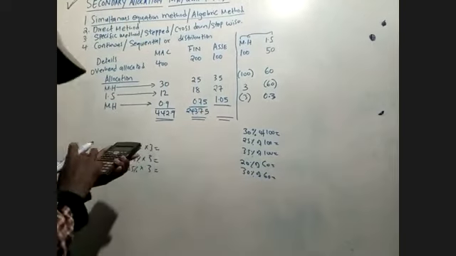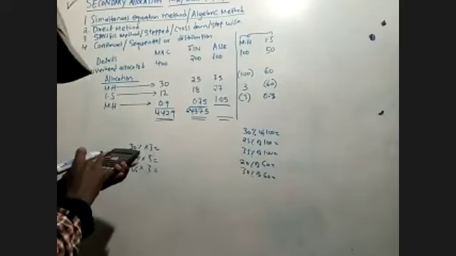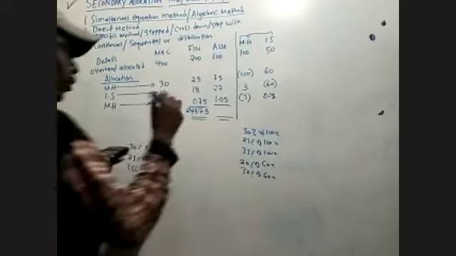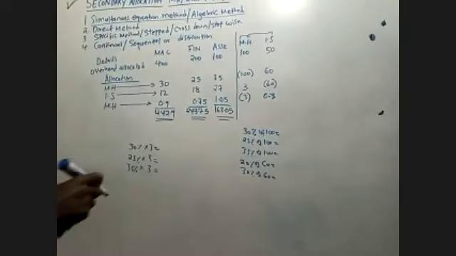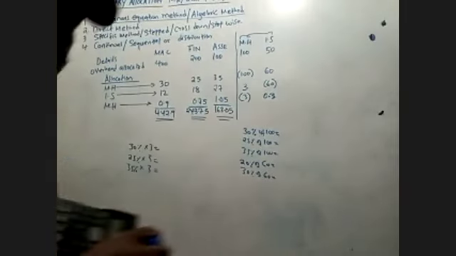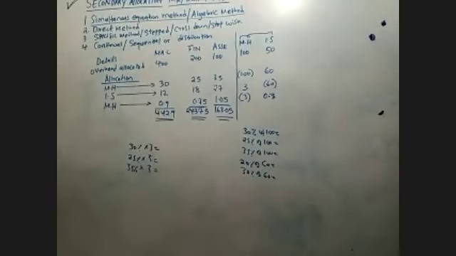Then 100 plus 35 plus 27 plus 1.05 is 163.05. So that marks the end of our question today.